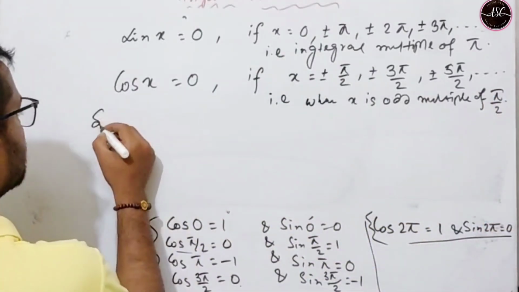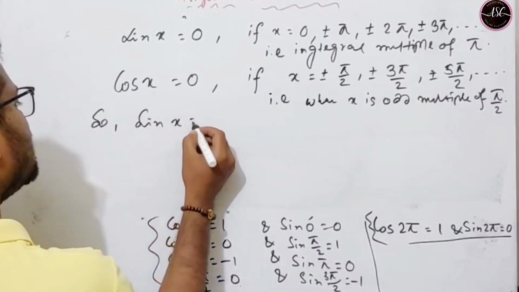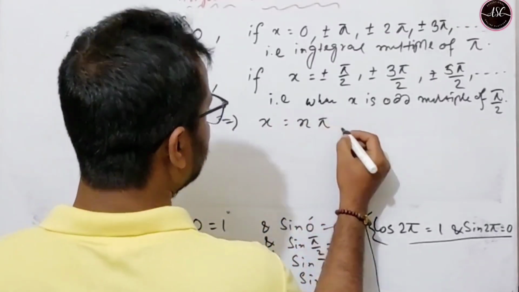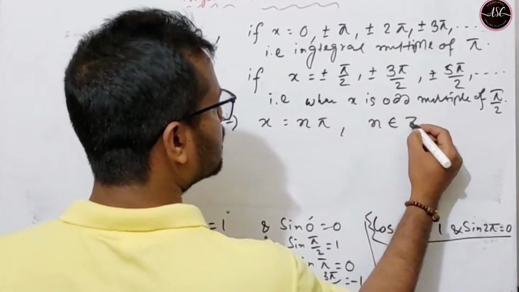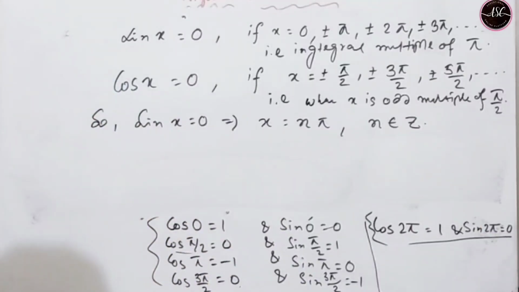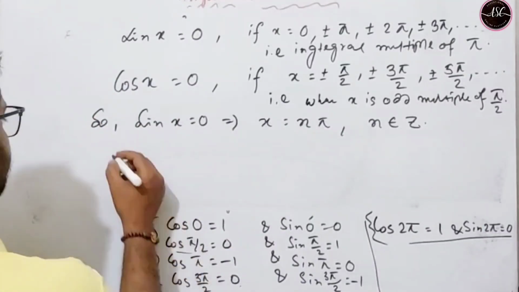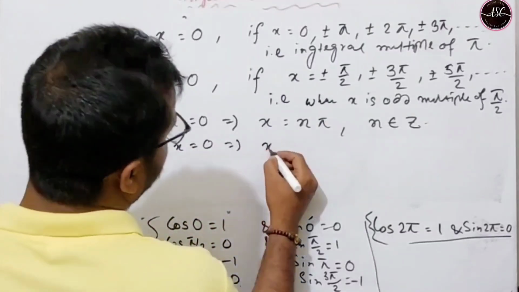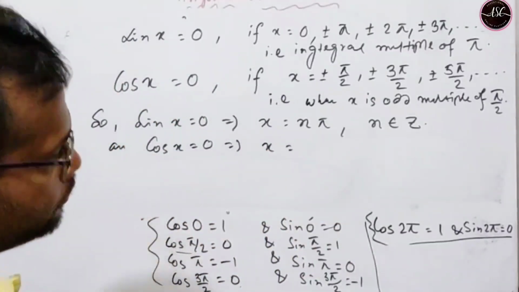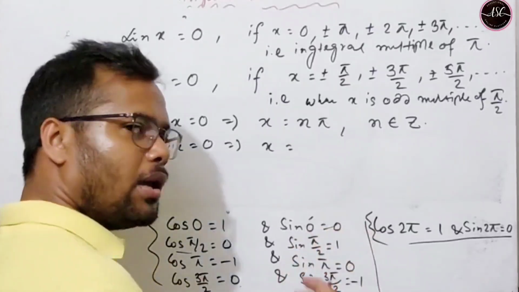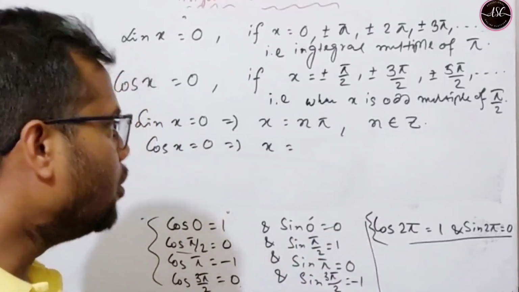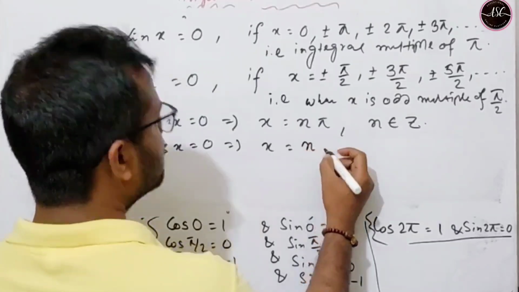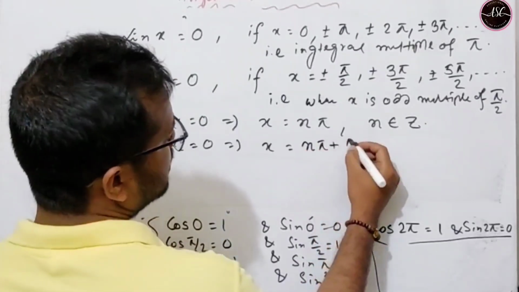So we can write sin x equal to 0 implies x equal to n pi, when n belongs to Z. So n is an integer. And cos x equal to 0 implies that x is equal to, just look, if n is an integer, we can write this as n pi plus pi by 2.